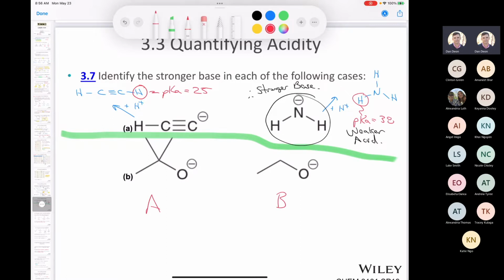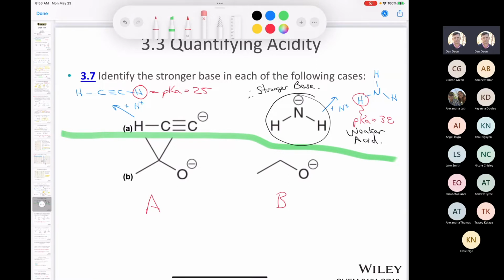Which one would be the stronger base, A or B? Yeah, exactly. A is going to be the stronger base. How did my students know that?